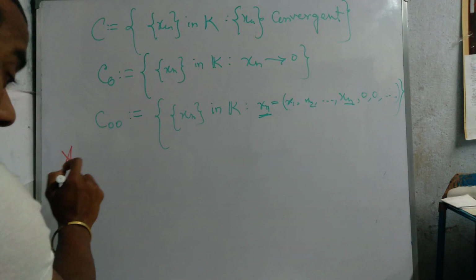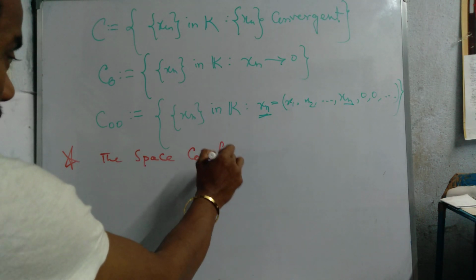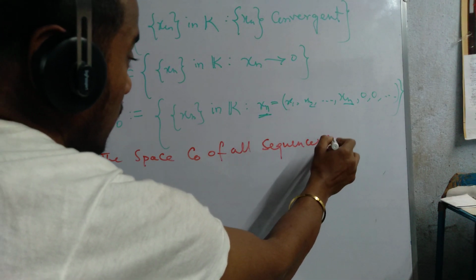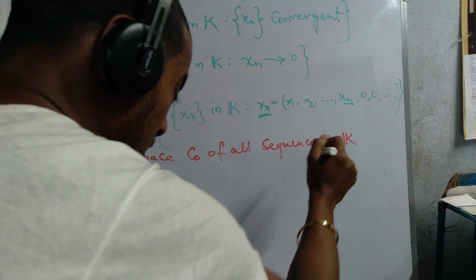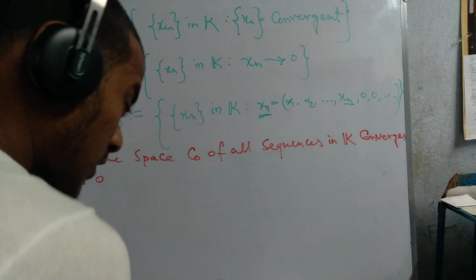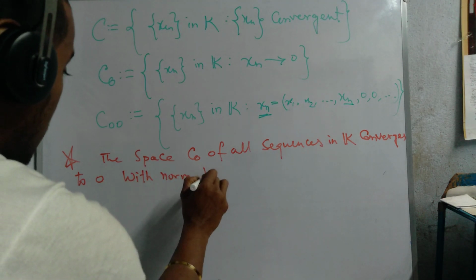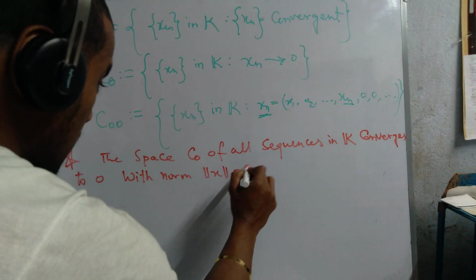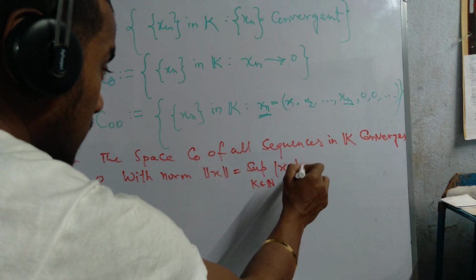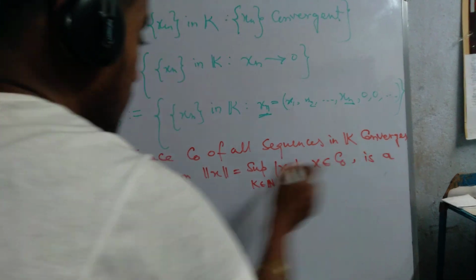Obviously one important topic: the space C0 of all sequences in K converging to 0, with norm of x equal to supremum over k belongs to N of mod of xk, where x belongs to C0, is a Banach space.